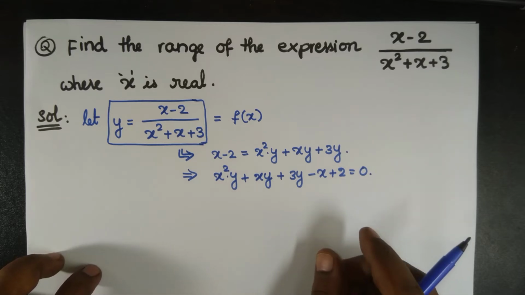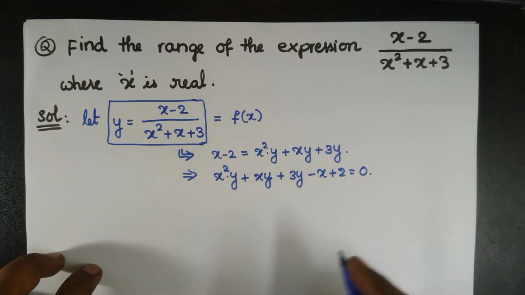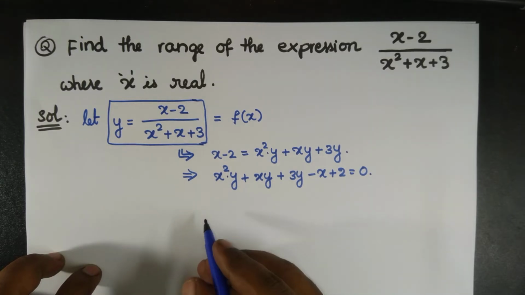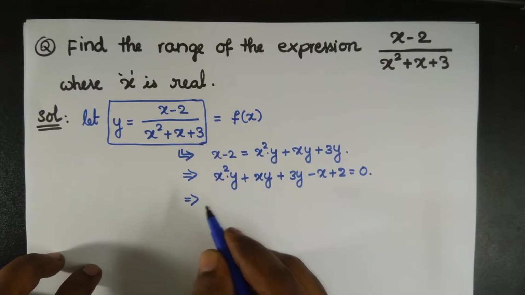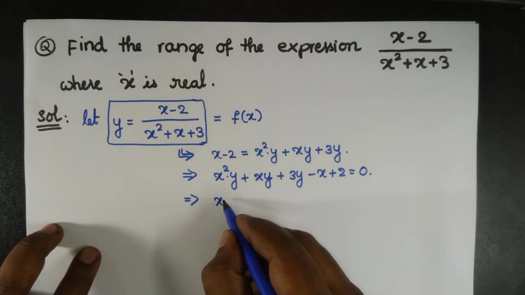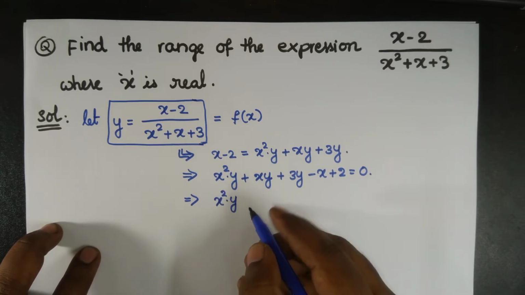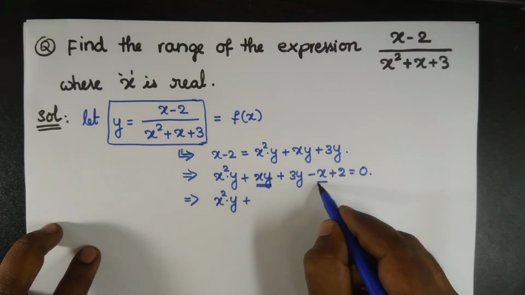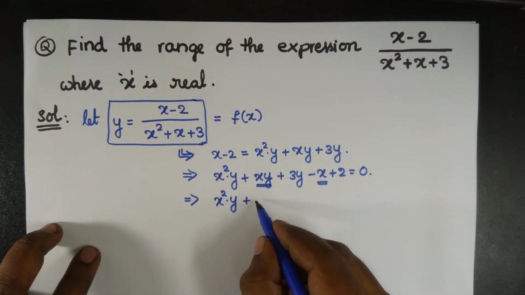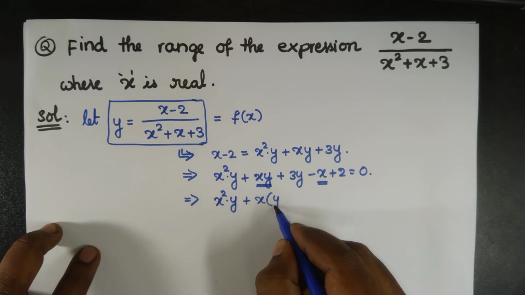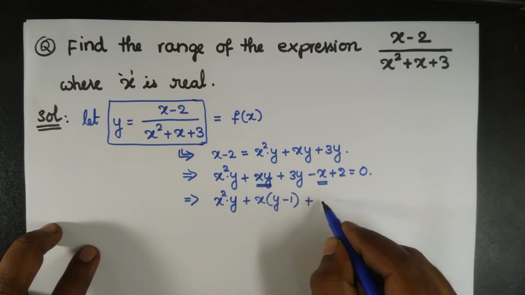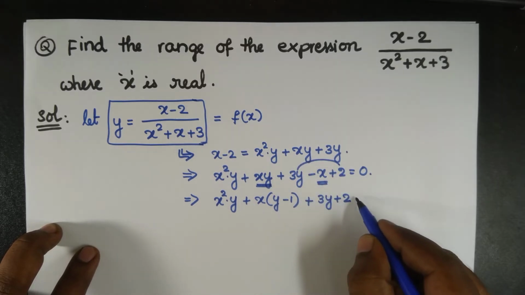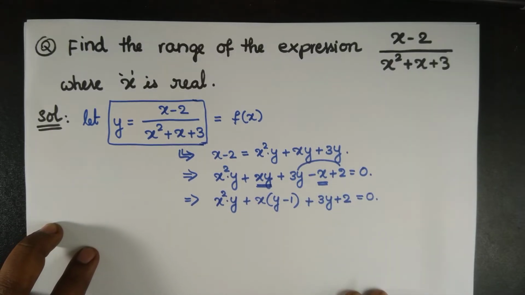Now this is like an implicit quantity here. So therefore now we'll make it simple as follows: x squared y plus, I have here xy and again we have x here, right? So I can take x common, so we have x(y - 1) plus, our remaining stuff is 3y + 2, equal to 0.